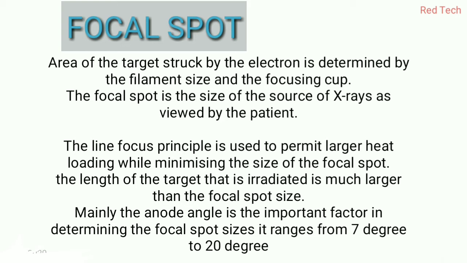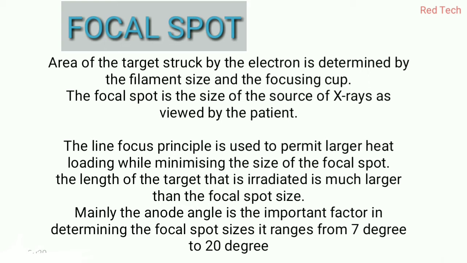When the beam of X-rays comes out, it goes in a narrow line. This is basically the focal spot, and mainly here the anode angle plays a vital role in determining the focal spot size, because the anode is tilted at an angle of 7 degrees to 20 degrees.